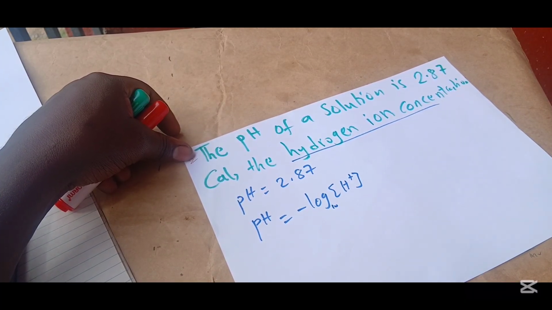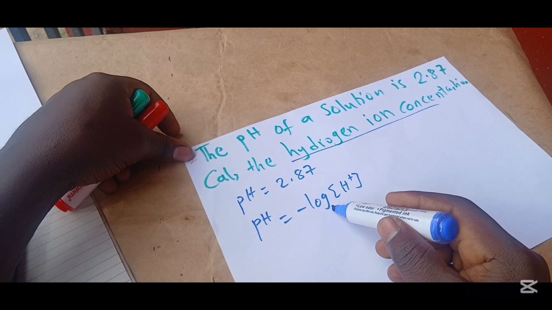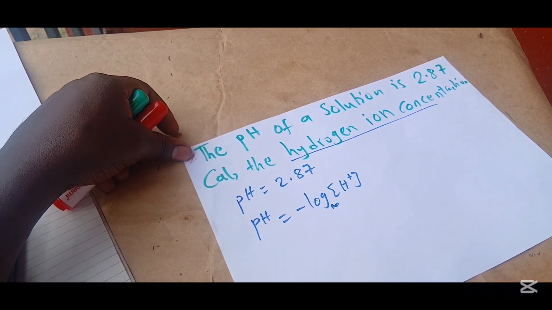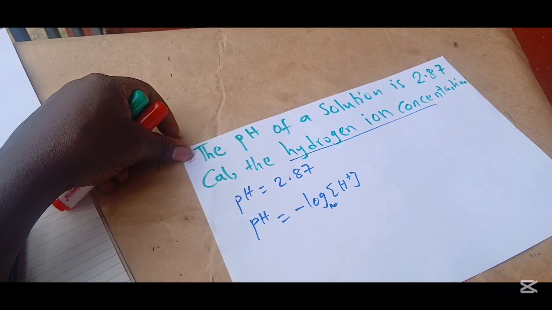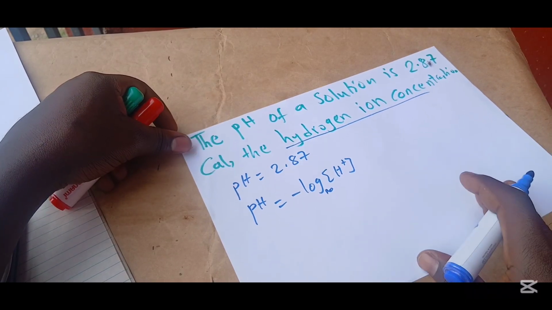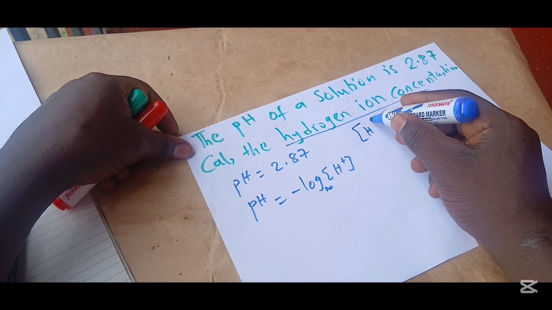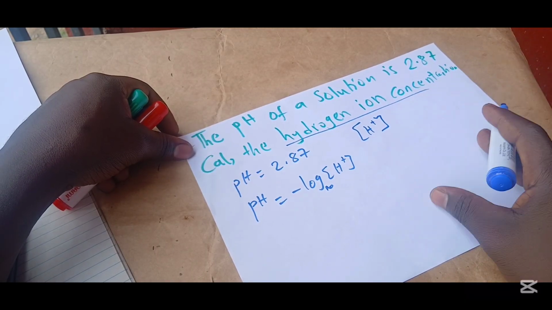You can just write the log without indicating the base. Once you don't indicate the base, it means it's to the base 10. But it is good to indicate the base when you are writing. And we said from this formula, we have to calculate for the hydrogen ion concentration. That is what the question is asking us to do.